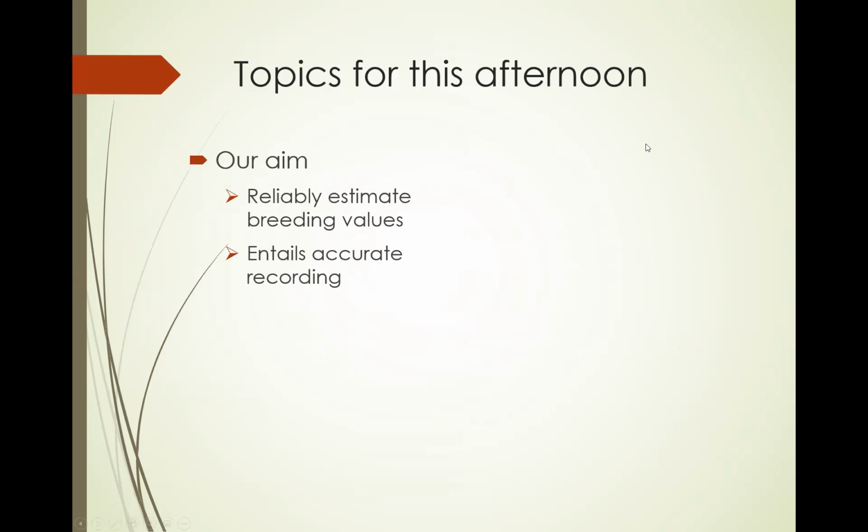These are the things that I like to visit with about an introduction to this. First is really what our aim is being part of NSIP, because it drives this kind of change. I think our aim is to reliably estimate breeding values, and really that entails accurate recording. And I'll make a few more comments about how that fits into this grander story.